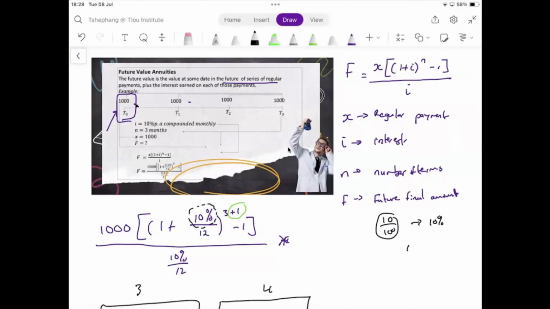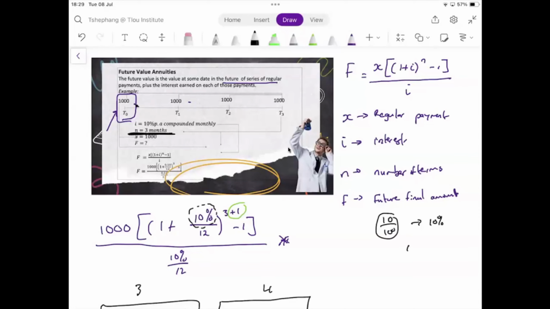Okay. Now, Zizi is saying, isn't n 3 times 12? Great question. So what we're dealing with here is actually only 3 months, not 3 years. You must be very careful. I like that question. It's not 3 years. We're just doing it for 3 months, as stated there.